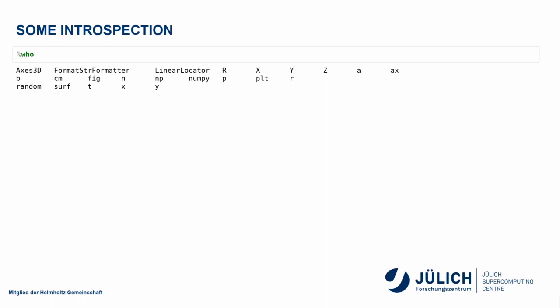You can also look at the variables that are in the current namespace with who. So there should be our A here somewhere. But notice it also, for example, shows NumPy and its alias np.